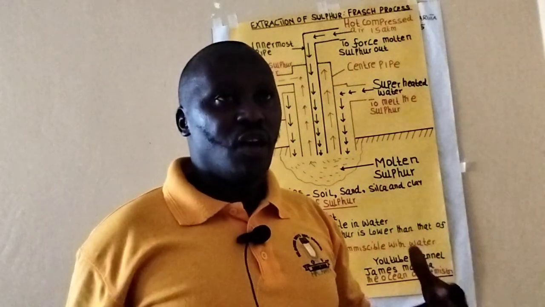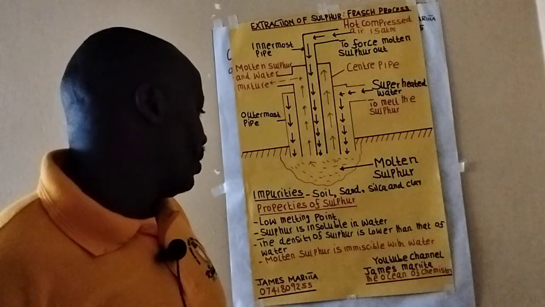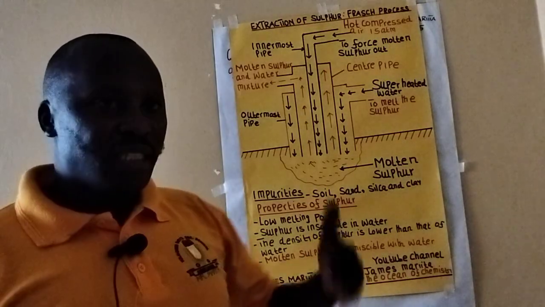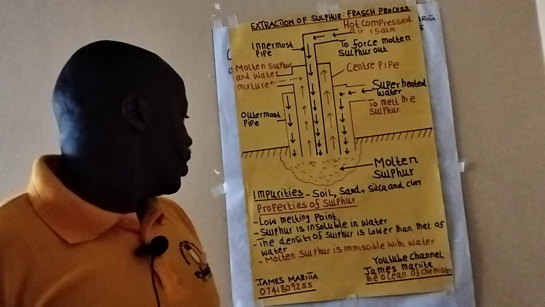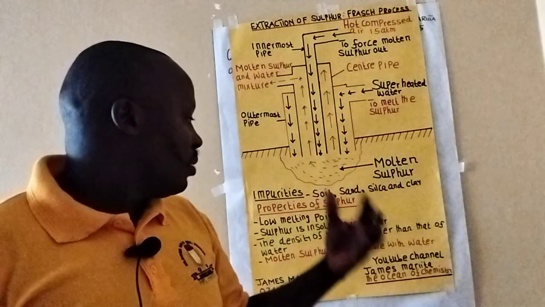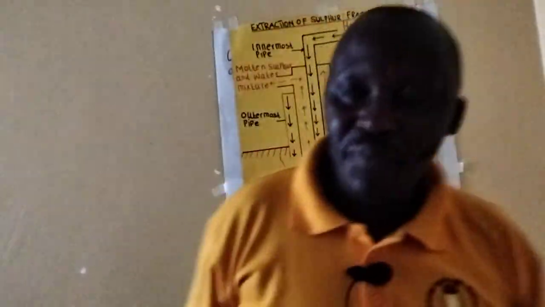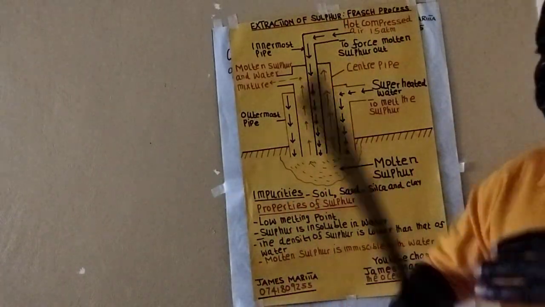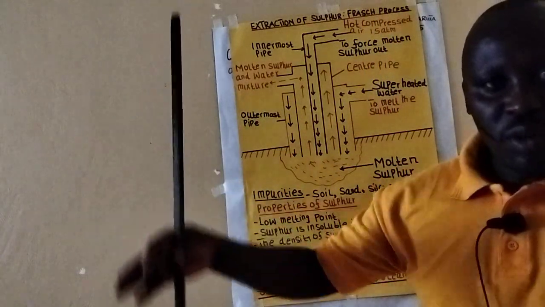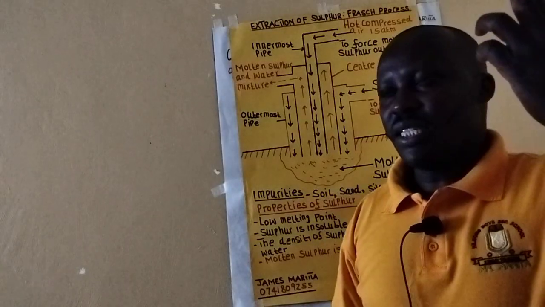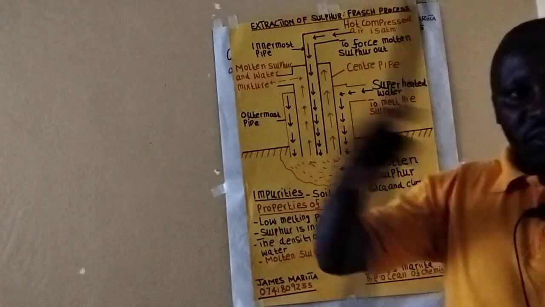That means the water does not mix with sulfur. This property can make the sulfur to be separated from water, because one, it is immiscible with water, and two, they have different densities.